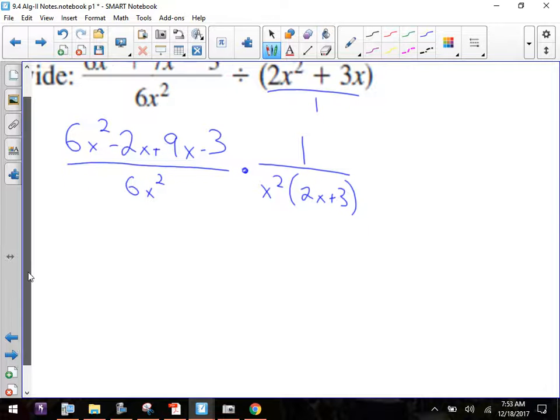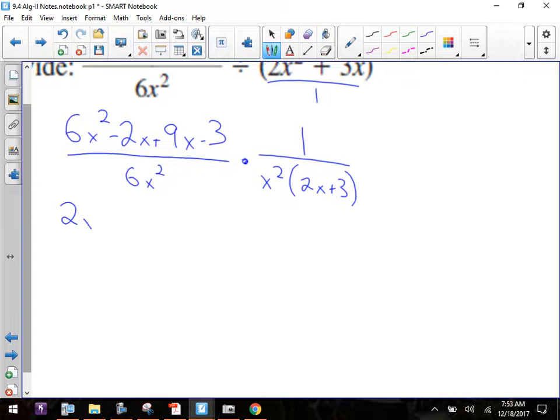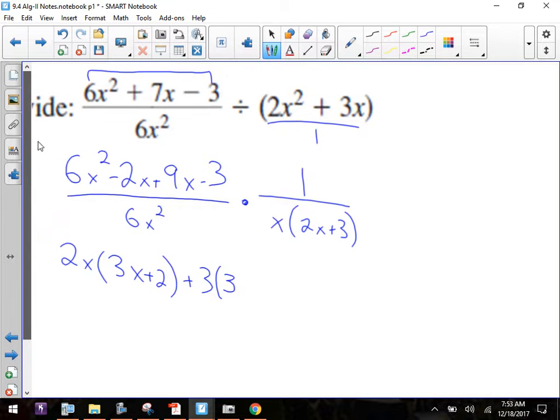All right. GCFs. Oh, sorry, I'm supposed to be at x. Take out the 2x, I have a 3x plus 2. Take out a 3, and I have a 3. Wait, what did I screw up here? 18. 6x squared.